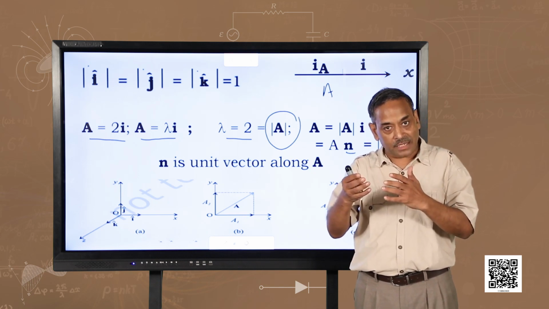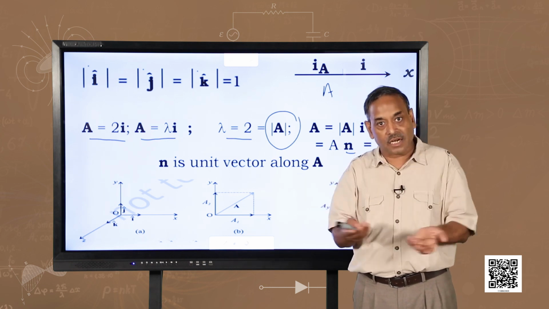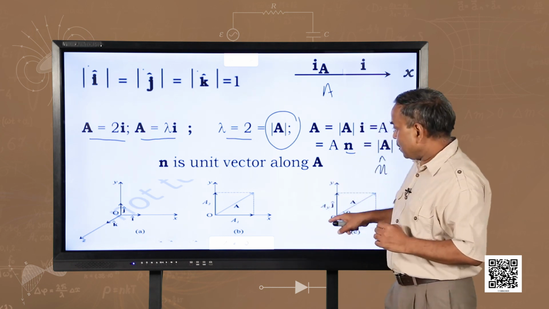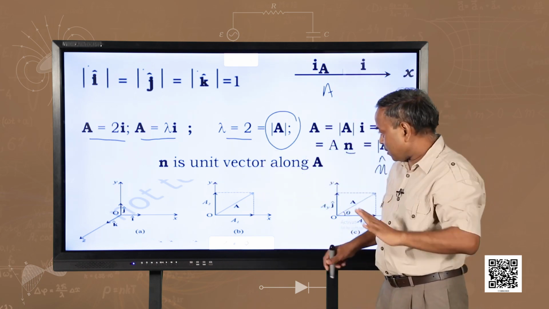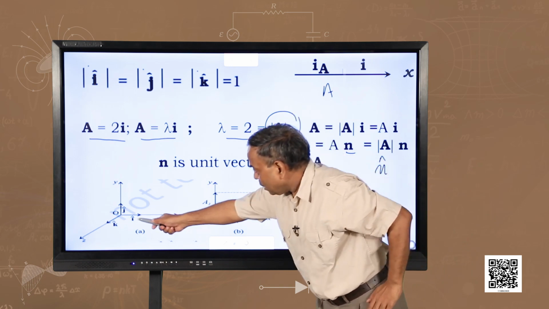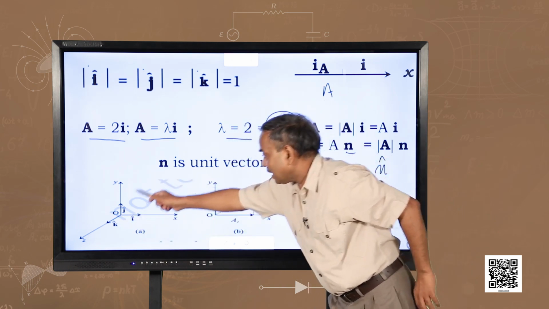x y gives you one plane, y z gives you another plane, and x z will give you a third plane. Well, n is a unit vector along any arbitrary vector a. This is the general picture. Now, this is my basic notation which we used in the last slide also.